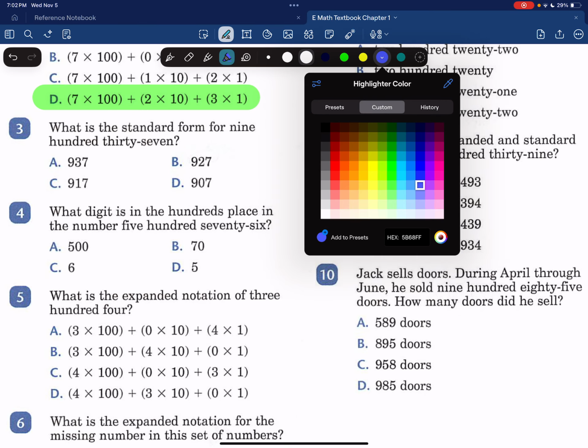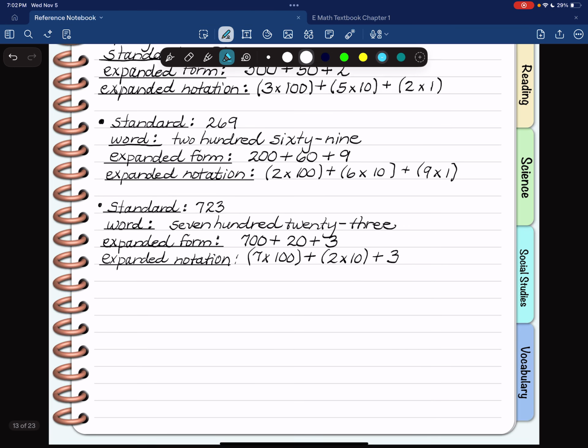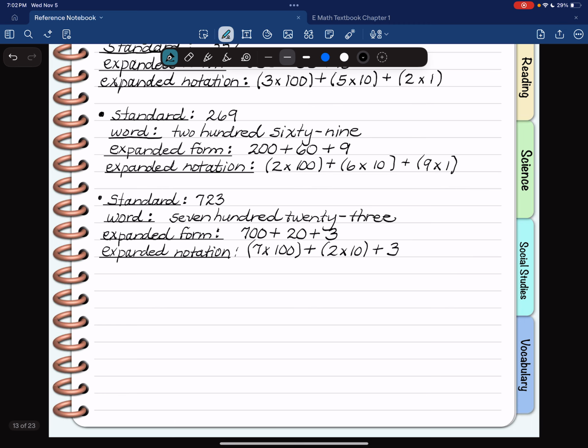Number 3. Let me lighten this a little bit. What is the standard form for 937? I think we have room for one more down here. So let's go ahead and write this example. Standard was 937.